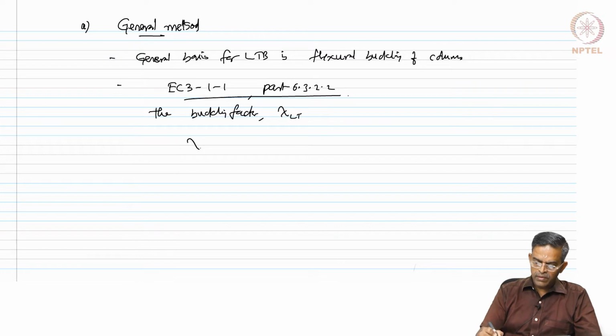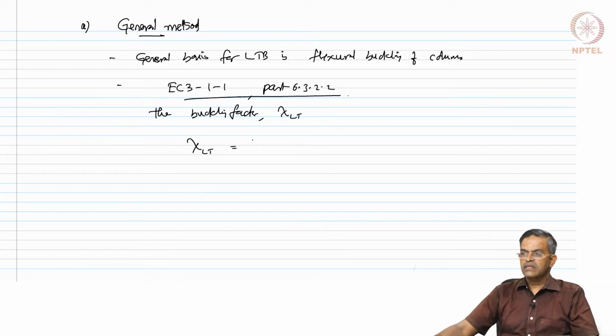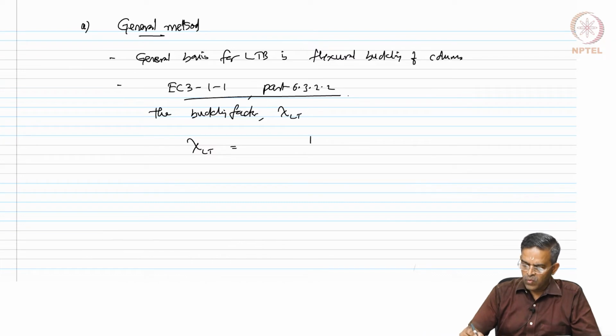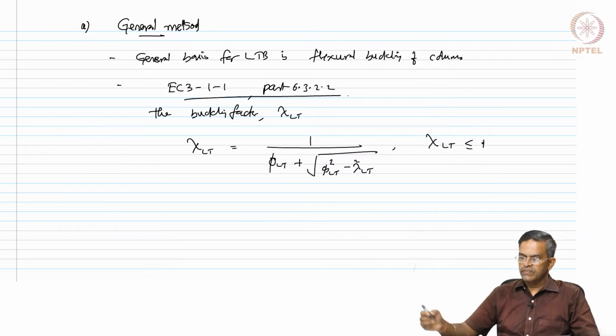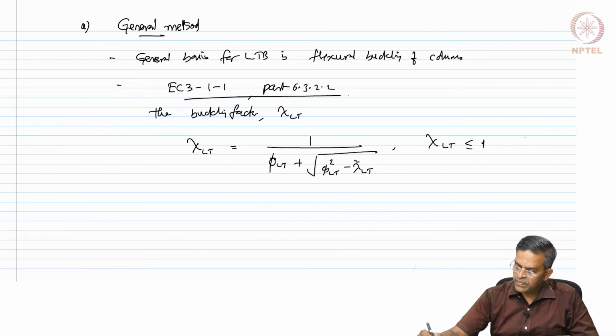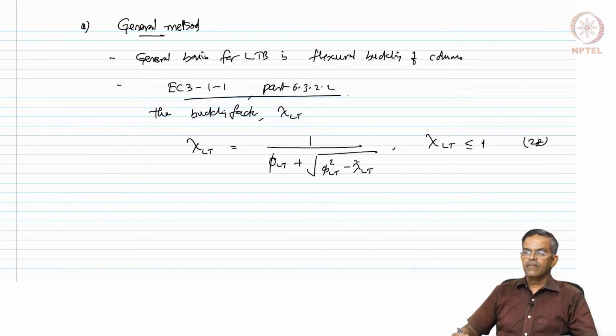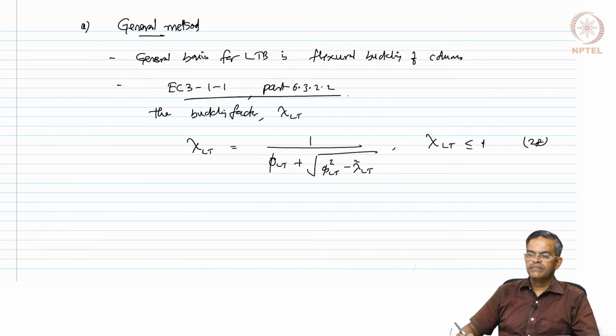It is given by the equation as written in the code: psi LT equals 1 by phi LT plus square root of phi LT squared minus lambda bar LT squared, for psi LT less than or equal to 1, equation 28.